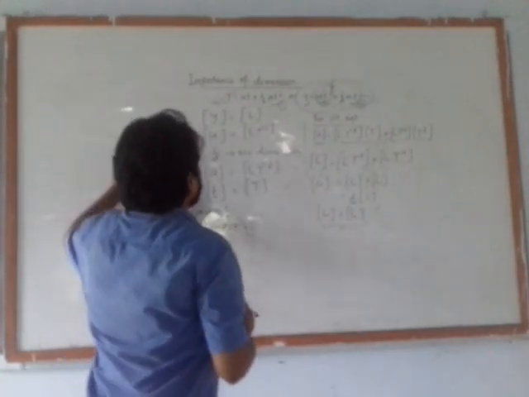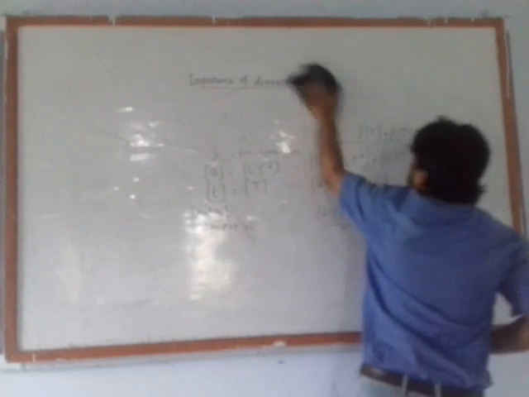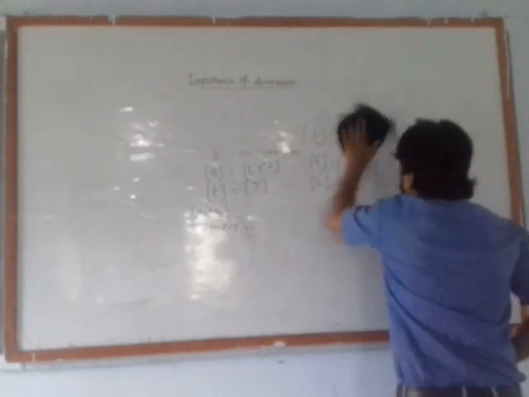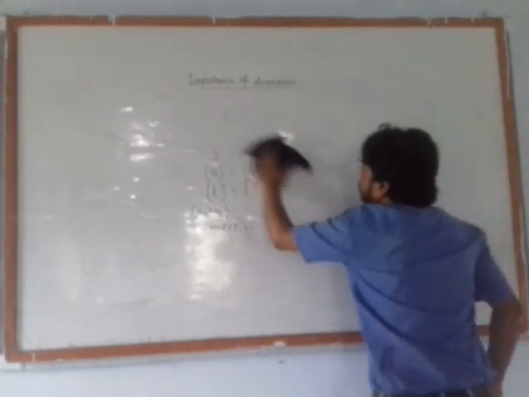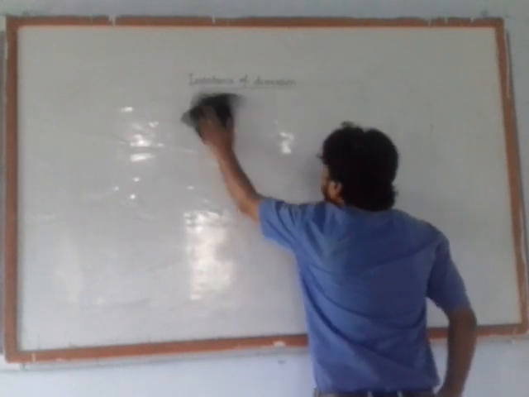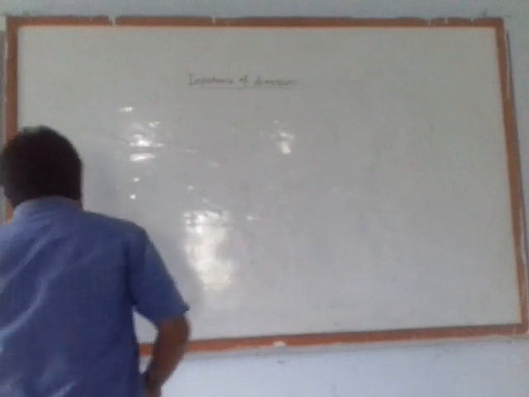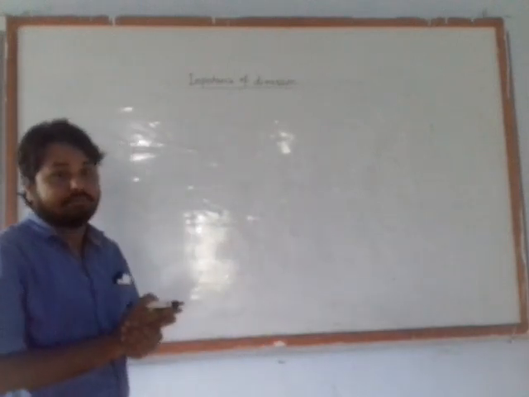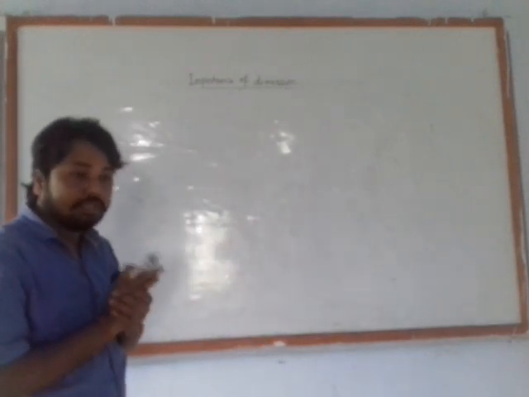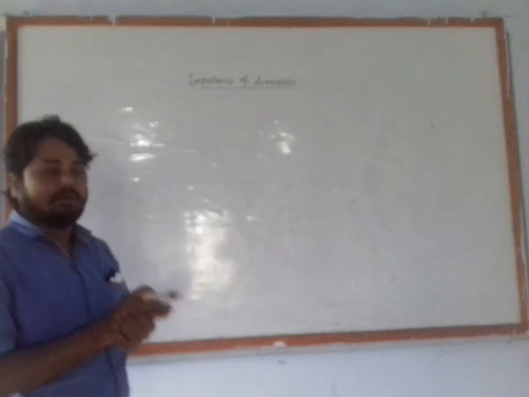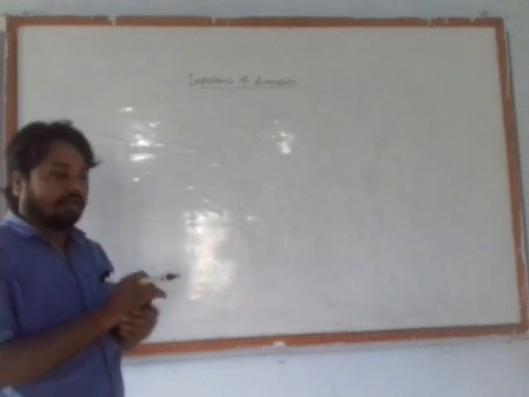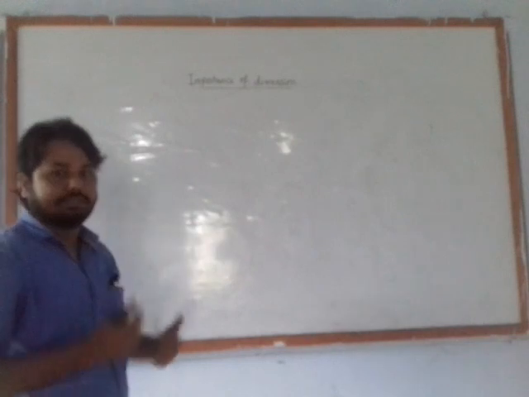Now let's come to the second importance. So the second importance means we can derive the physical formula. By using dimension we can derive the physical formula. But the physical quantity should be stated, or given in terms of the statements.